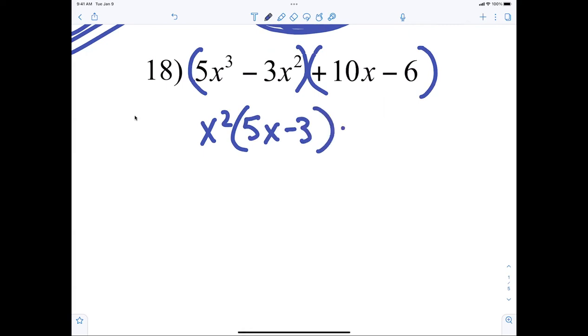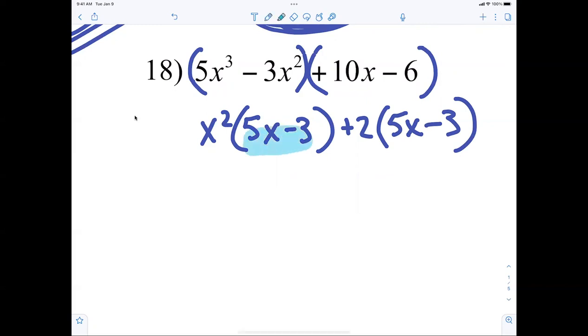Positive 2. Then what? 5x minus 3. Now remember, we're looking here, right? 5x minus 3, 5x minus 3. And what's left behind? X squared plus 2.